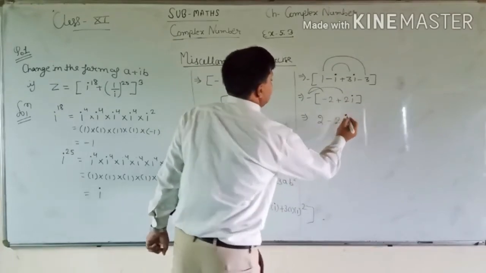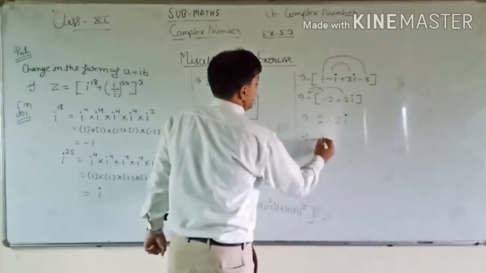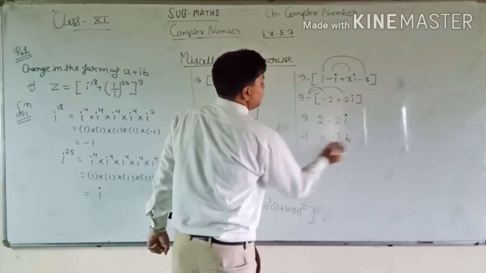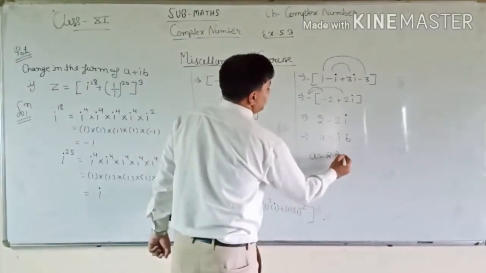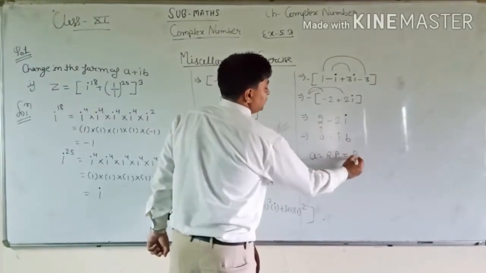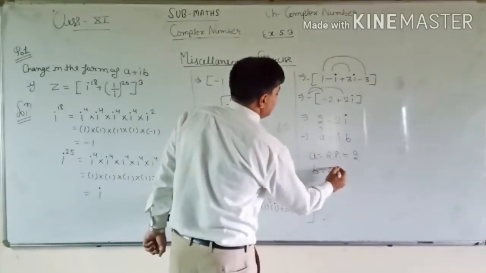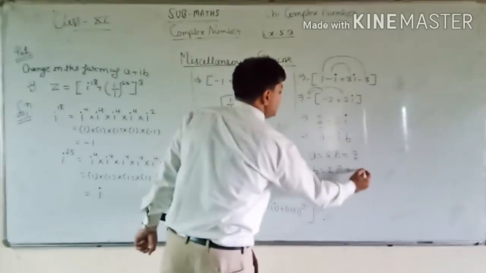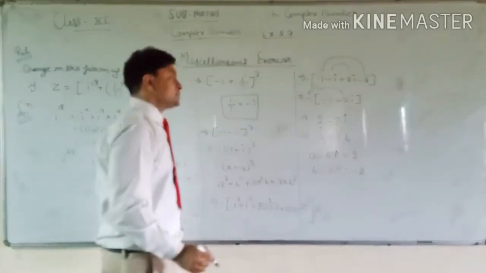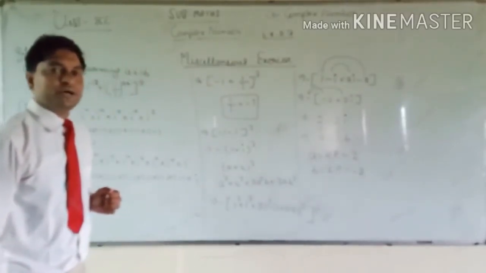So it is in the form of a plus iota b, where a is the real part and the real part is equal to 2, and b is the imaginary part and the imaginary part is equal to minus 2. Okay students, so it is in the complex form a plus iota b.